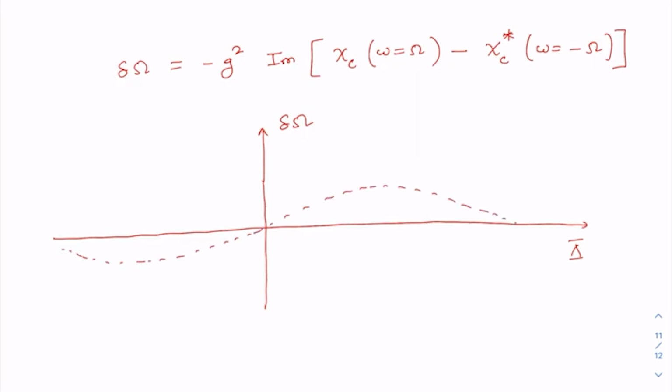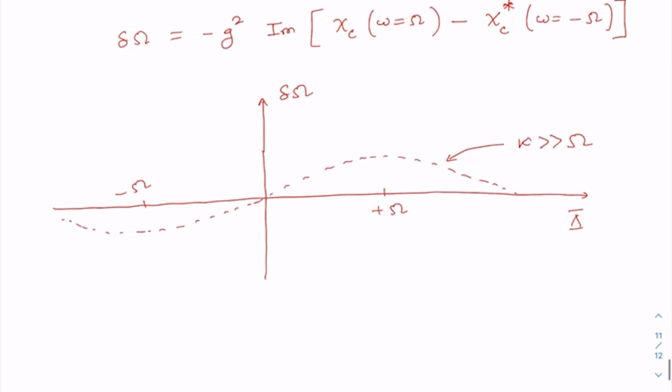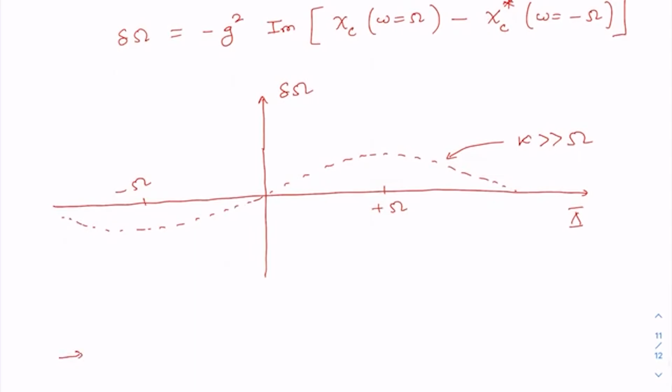Here it is for plus omega, and this would be for minus omega, and I am plotting it for the case when kappa is much larger than capital omega, the resonance frequency.